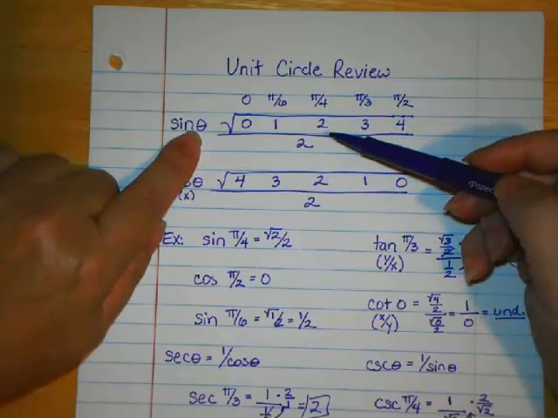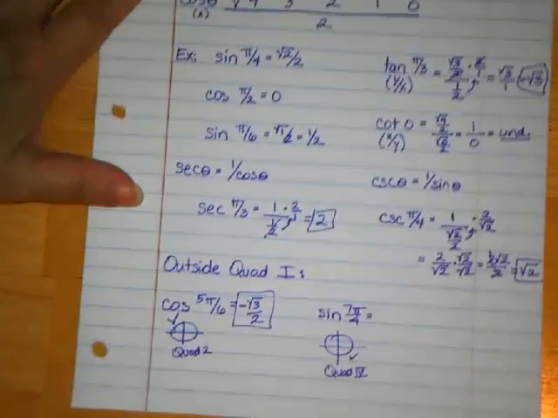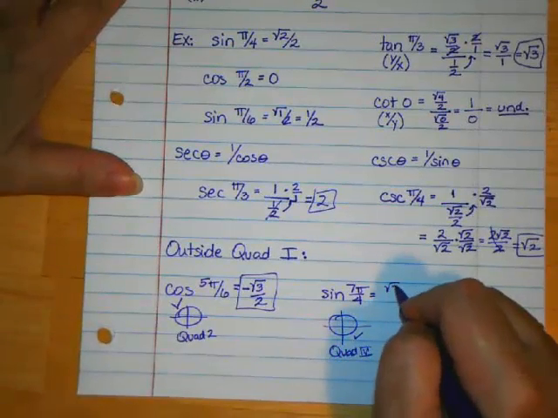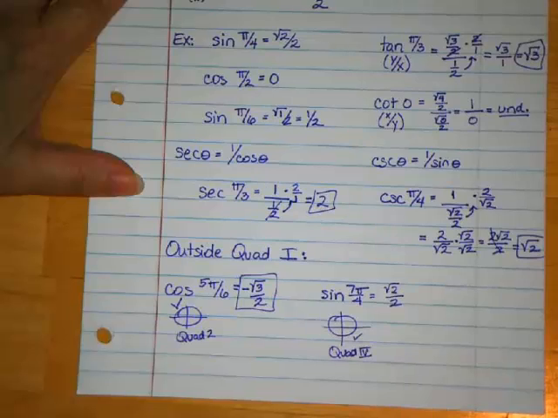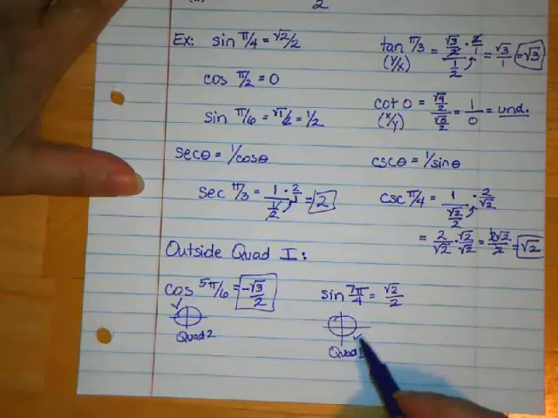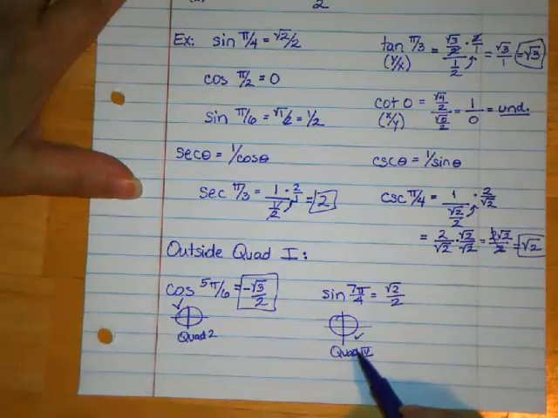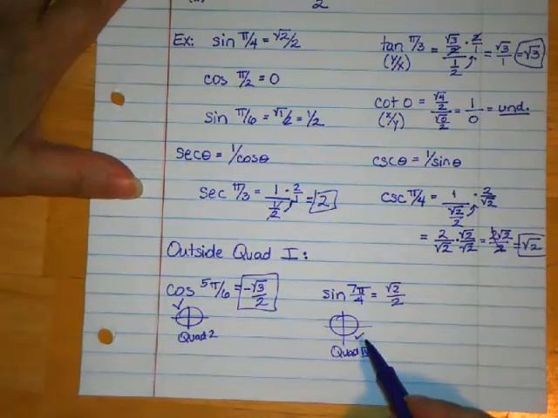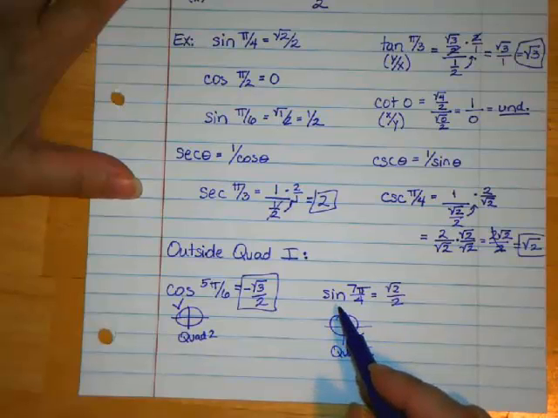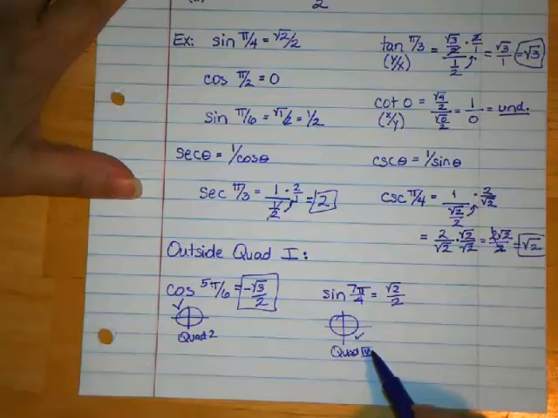So, since the denominator is a 4 and we're looking at sine, you come back up to the picture, go to the sine line, go to pi over 4. Notice that it's a 2 under the radical. So that tells me it's going to be the square root of 2 over 2.